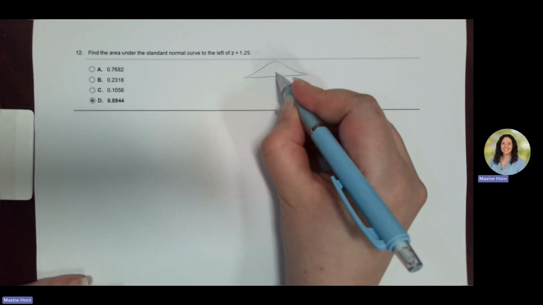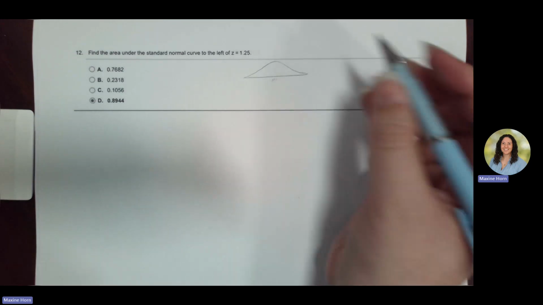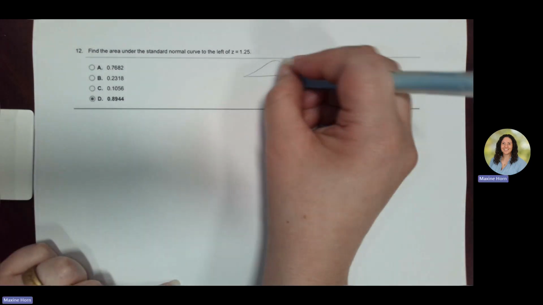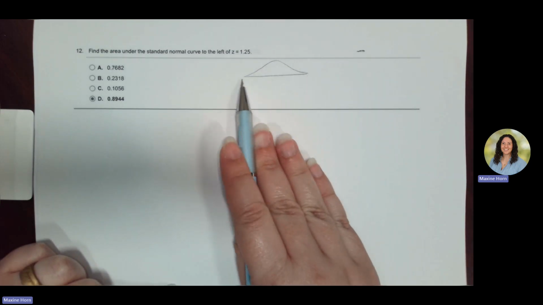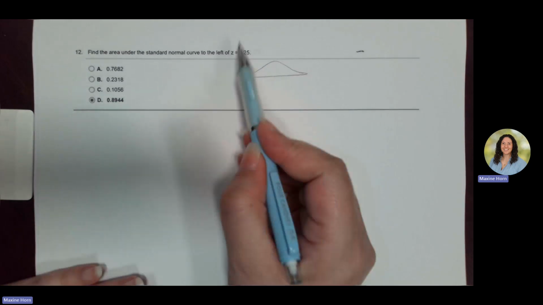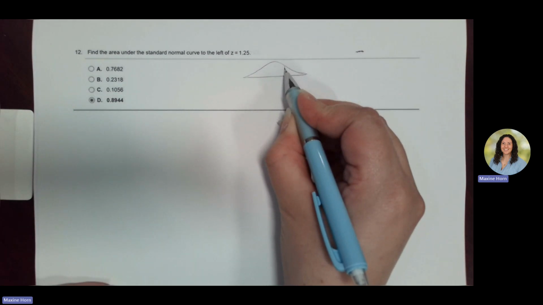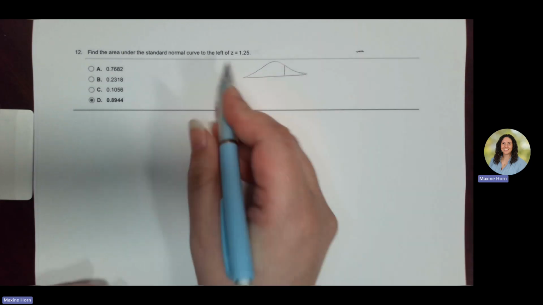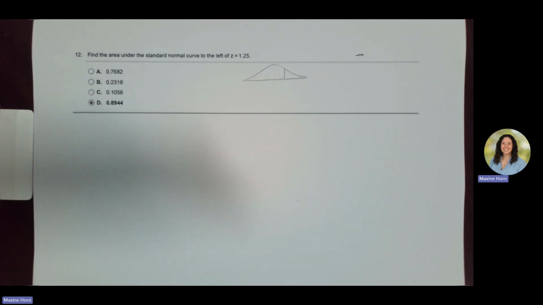Remember that in the standard normal curve, your mean is in the center. Z-scores are positive to the right and negative to the left. This is a z-score of 1.25, so we're to the right 1.25 standard deviations, because remember that's what a z-score is: the number of standard deviations away from the mean you are.